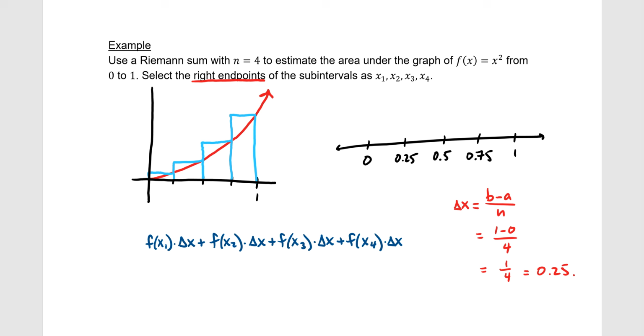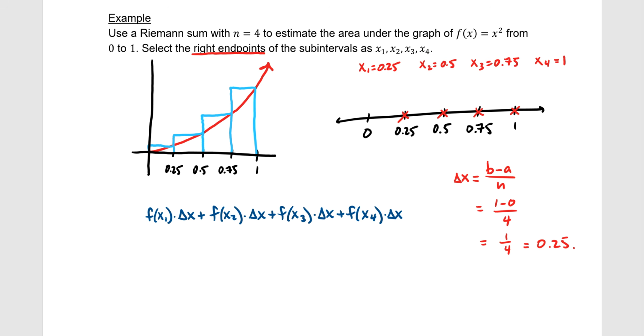And using the right endpoint, that's going to represent this value, this value, this value, and this value, the right endpoint of each one. So that actually tells us exactly what we have now. We're using 0.25, 0.5, 0.75, and 1 as our x1, x2, x3, and x4.